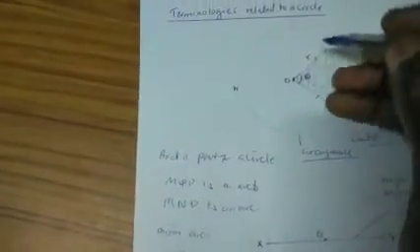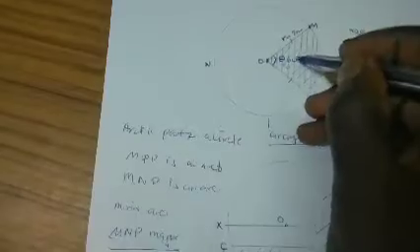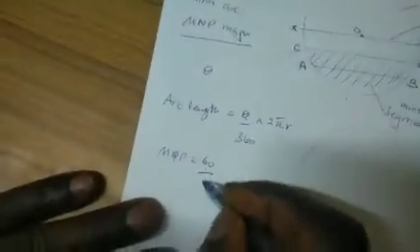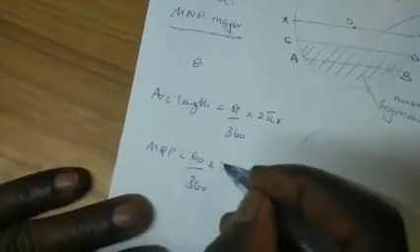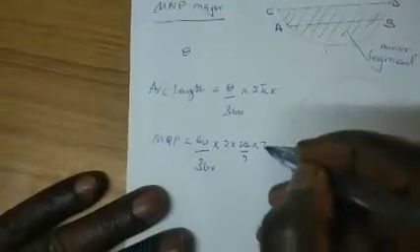Now, for example, if our r is 7 centimeters and our theta is 60 degrees, what is the length of the arc MQP? So MQP will be theta, the angle in between there is 60 over 360 times 2 times pi, we take 22 over 7 times the radius, which is 7.